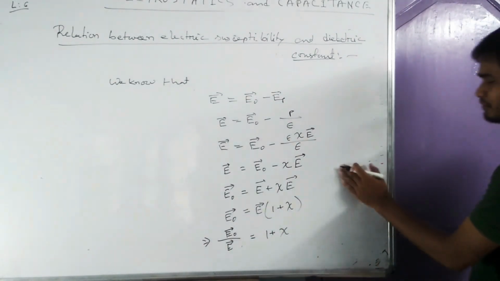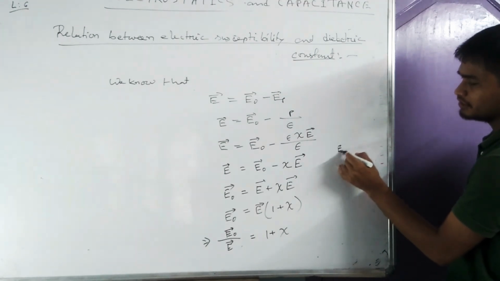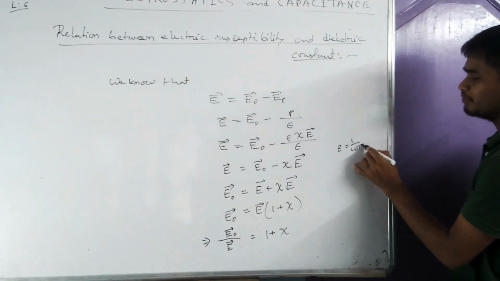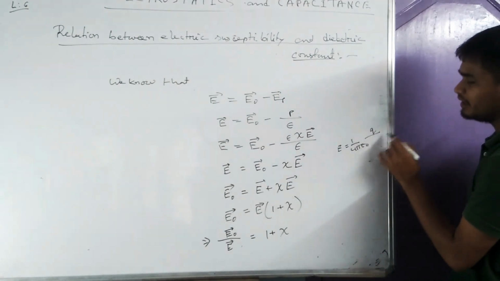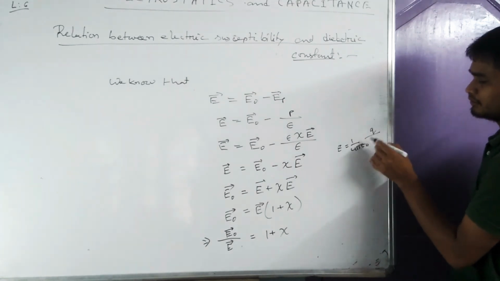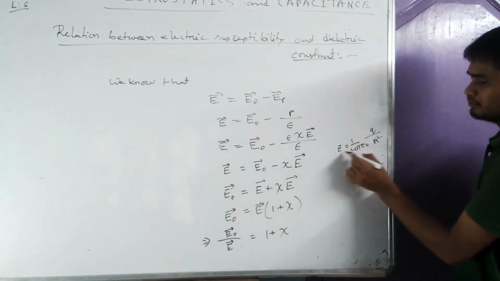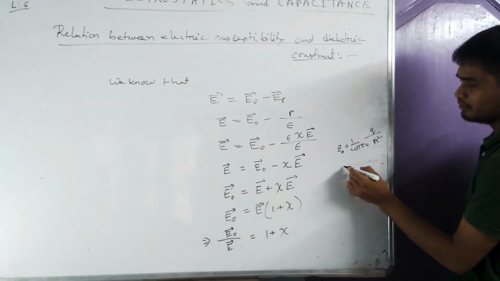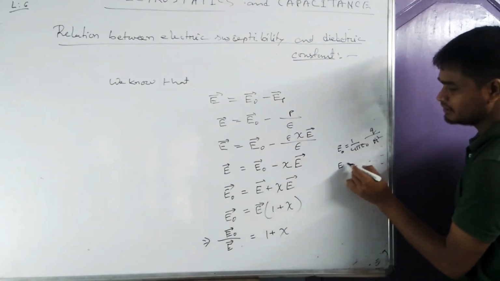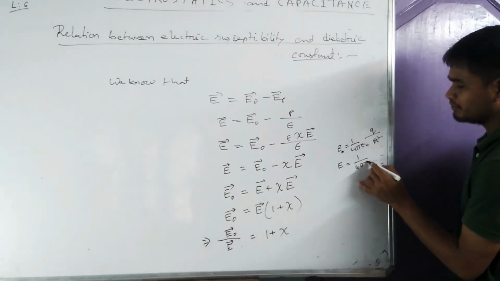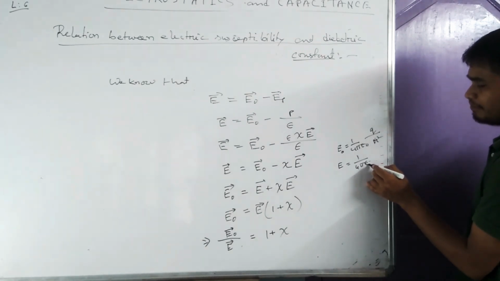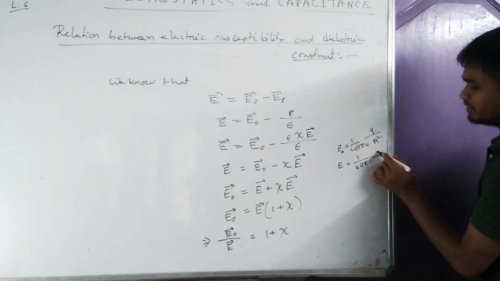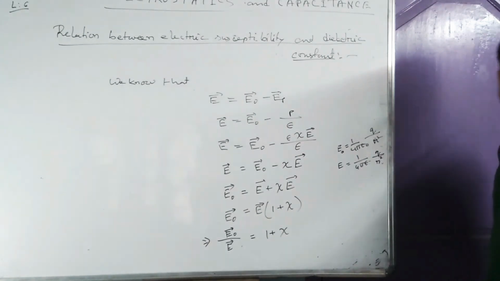What is E naught by E? E naught is 1 by 4 pi epsilon naught Q by R square. And E is 1 by 4 pi epsilon, that is epsilon, Q by R square.